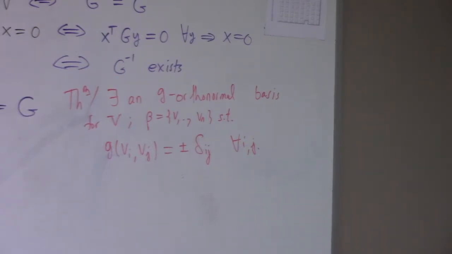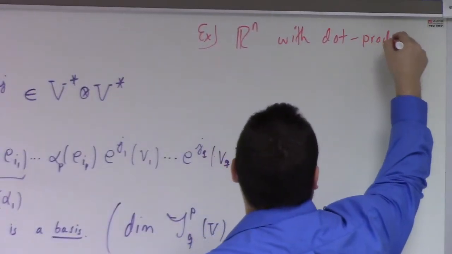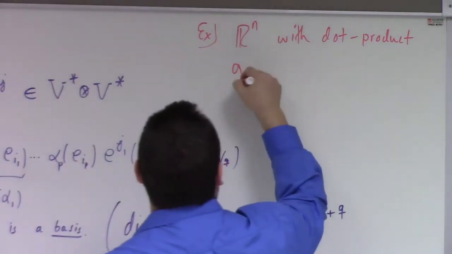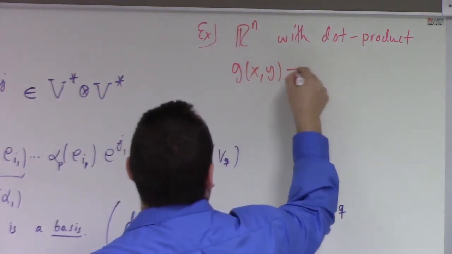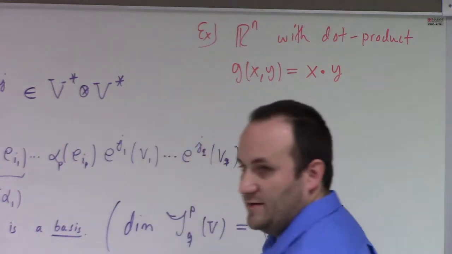This is known as Sylvester's theorem. It says that basically for any metric, there's a system of coordinates where the metric can be written as a sum of squares minus a sum of other squares. So the most important examples, of course, just Rn with dot product, right? So G of xy is equal to x dot y. That's an example.